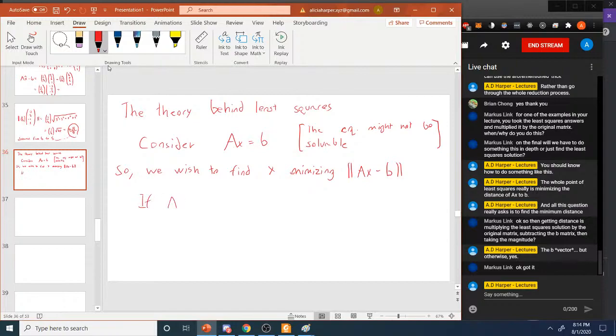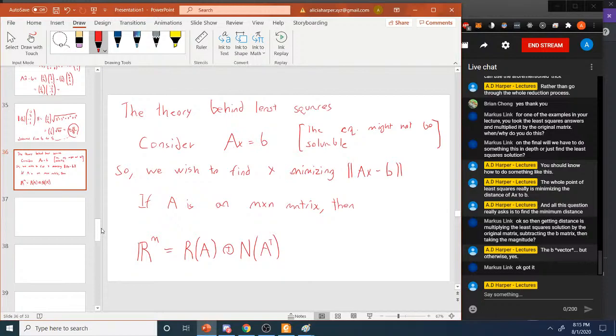if A is an M by N matrix, then R^M may be expressed as the column space of A direct sum with the null space of A transpose.